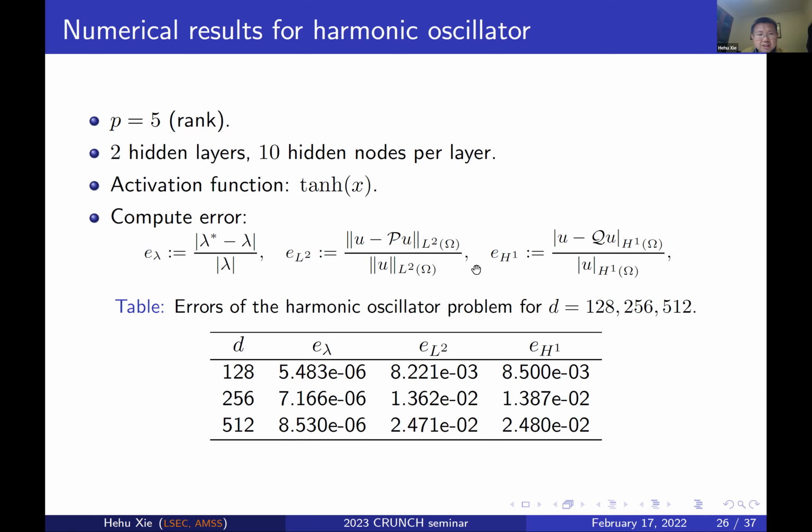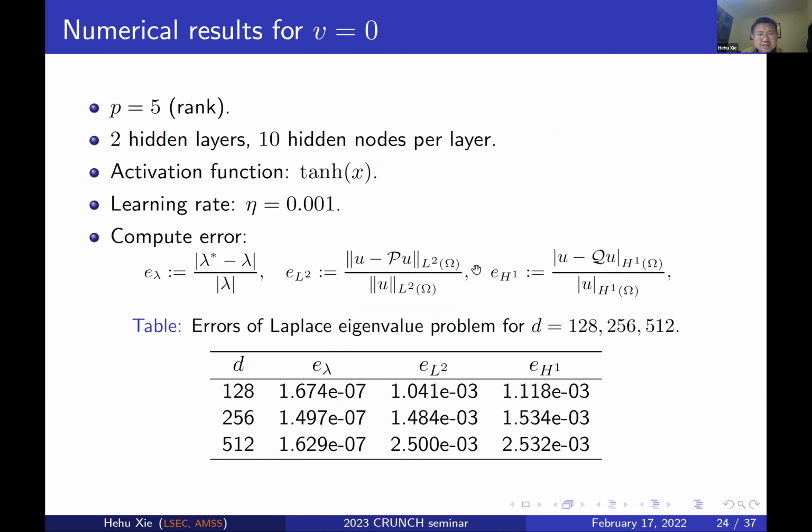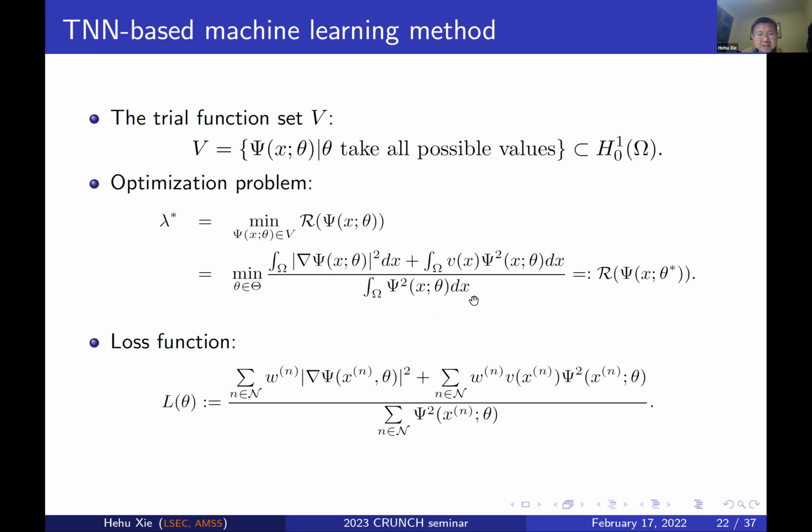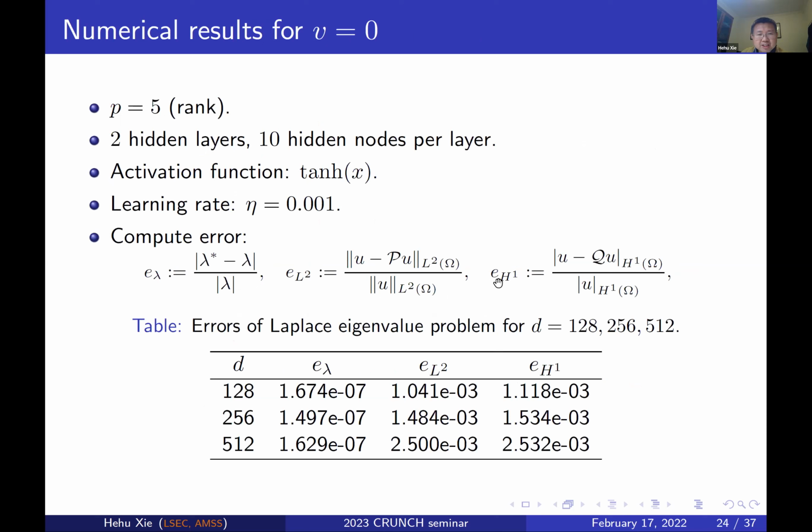Oh, okay. We train networks for this type of loss function. We can compute the errors because we use the TNN, so it can do the integration.